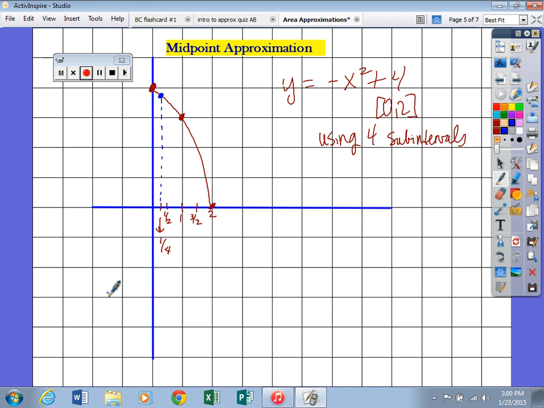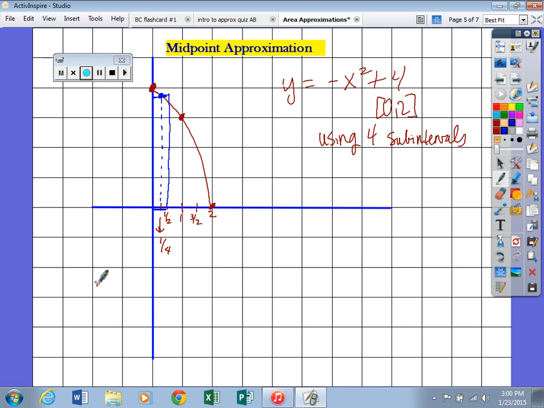So the top of my rectangle, I'm going to go over to 0, and then I need to go over to the 1/2, okay? I'm not going to keep going all the way over to this one. I've got to stop between 0 and 1/2 right here, because I still have to draw 4 of these. And then I'll come down, so then I'll finish that one off like that. Okay, so there's my first rectangle.